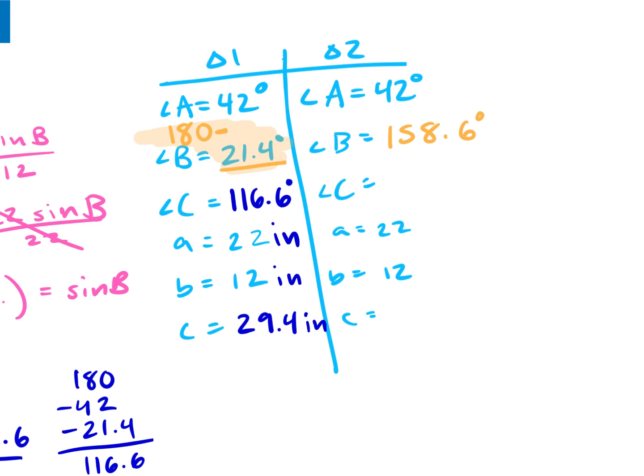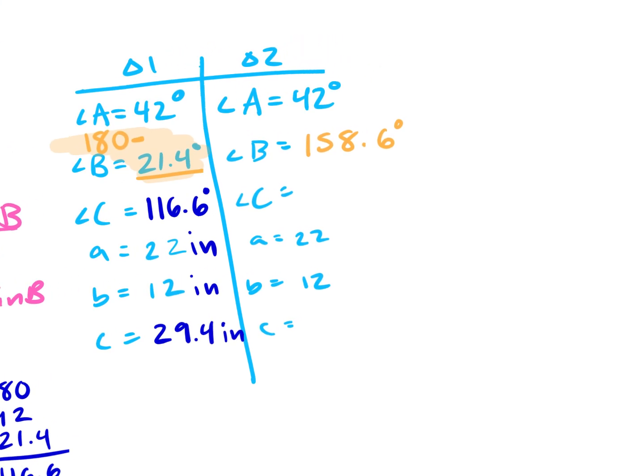Now how would I find triangle 2 angle C? Set a proportion? No, we can add the 180 minus the product. Add them and subtract them from 180. So when I add these two together, what do we get? 200.6. Is it possible for me to have a triangle when two angles add to 200.6?